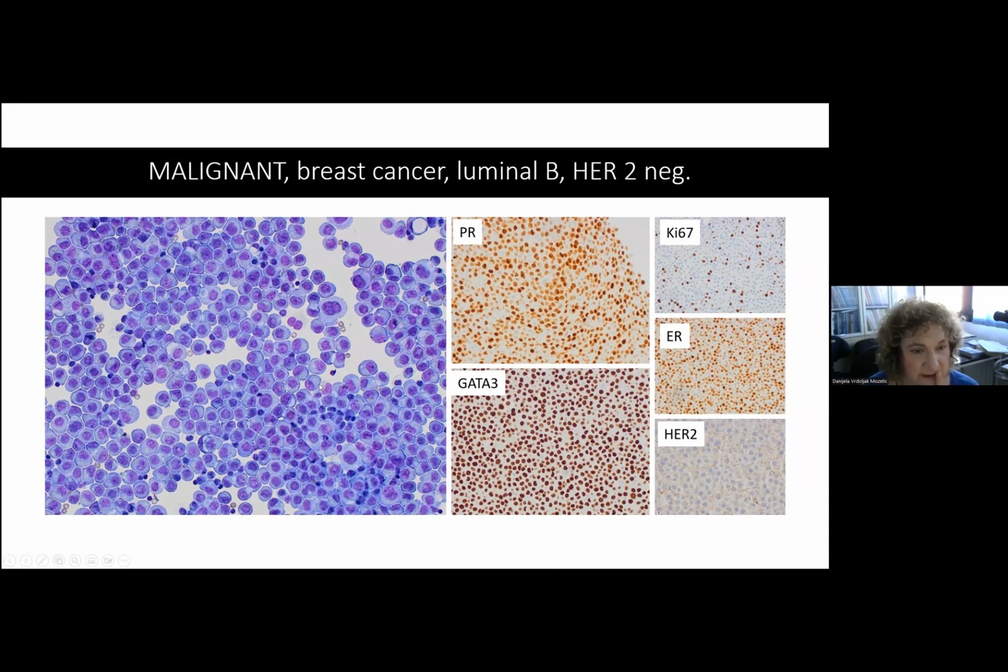And after our analysis, this patient received a specific hormonal therapy, and I think she is well. She recovered, and I think it was 5 years ago when we had this diagnosis.